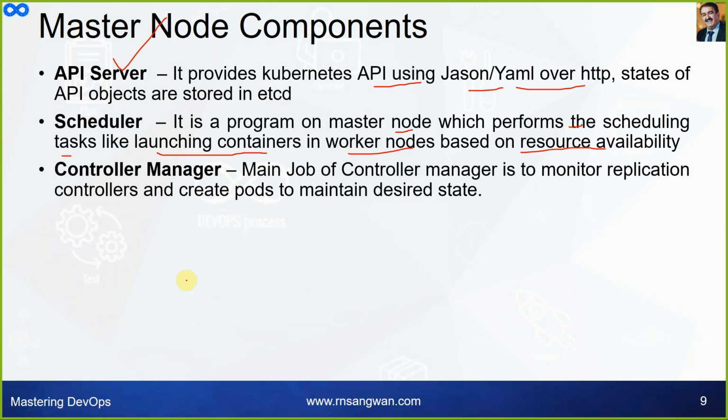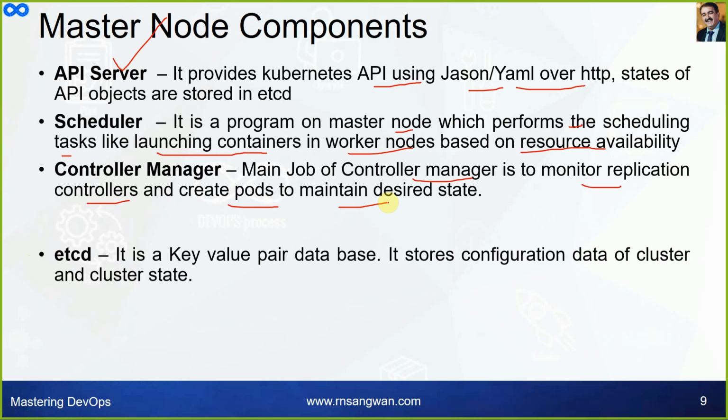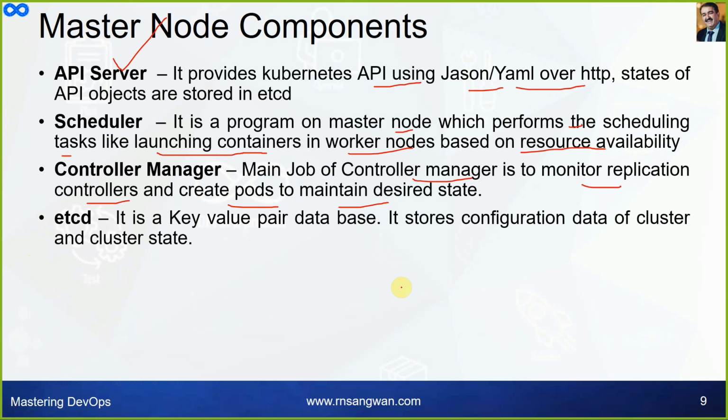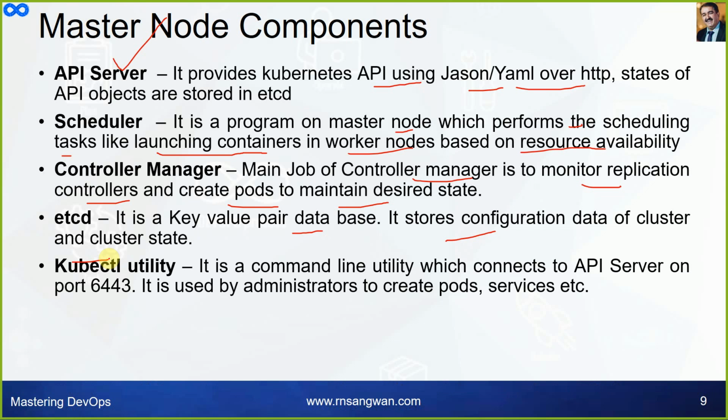Controller manager, its main job is to monitor application controllers and create pods to maintain the desired state. etcd is a key value pair database. It stores configuration data of the cluster and the cluster state. The kubectl utility is a command line utility which connects to the API server on port number 6443. It is used by the administrator to create pods, services, etc.